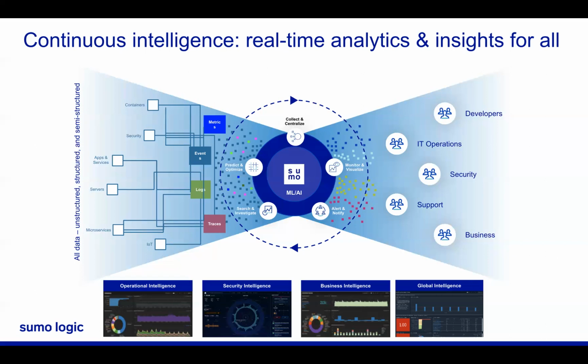Now, pertaining to personas and use cases, it varies from enterprise to enterprise. Some people use it totally from an IT operations perspective, or of course, for security understanding. Overall, observability is one of our key areas, where you can understand what's going on in your environment and make use of it.